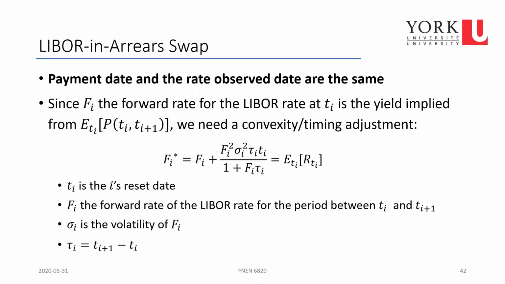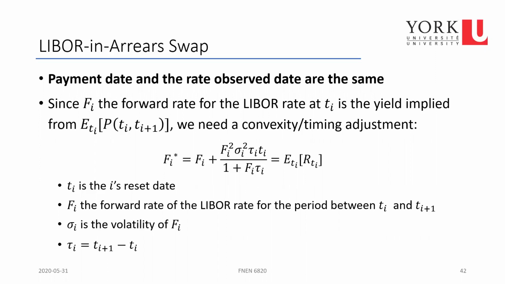The product itself is not so much tied to LIBOR, but just tied to a particular floating rate. Now, the key structure for this LIBOR in arrears swap is that typically for a swap, at a reset date you set the rate, and then the payment is actually paid in arrears, so you pay in the next period.